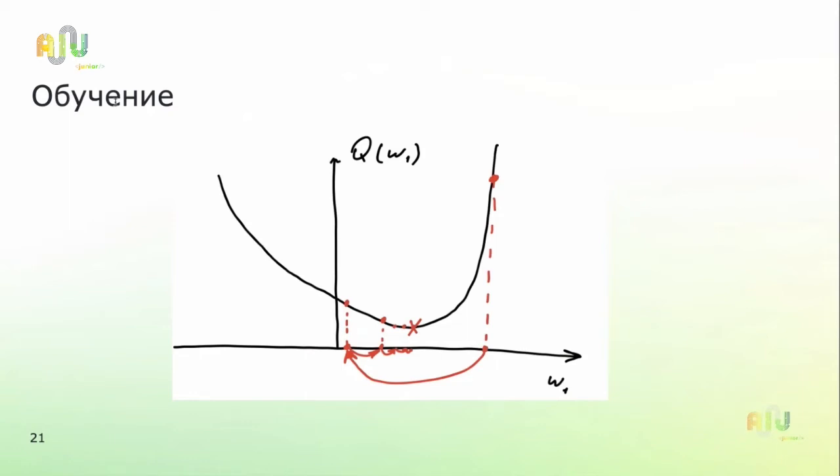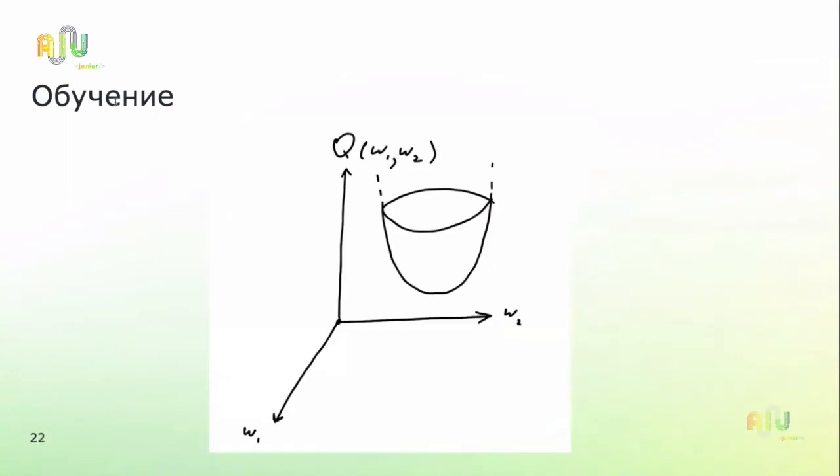What should be the algorithm to find the minimum? The function was very simple, but what if the function had two arguments? If I should find 2 points, W1 and W2, as in my initial example, the models with 2 parameters. In this case, I'm going to have the 3D graph.